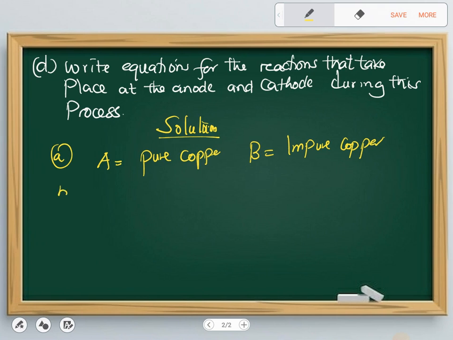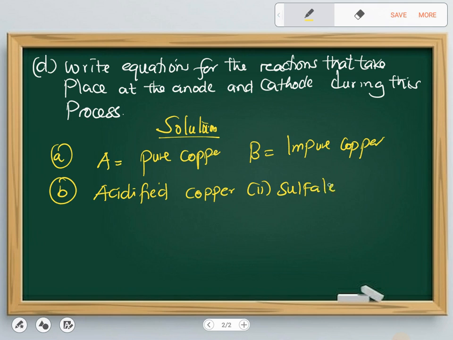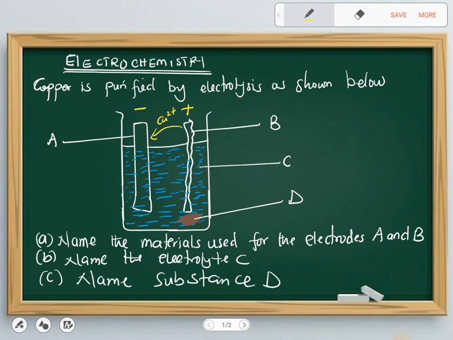We use acidified, not just any copper(II) sulfate solution, but it has to be acidified. The electrolyte is usually blue in color, as you can see by the dotted lines there.